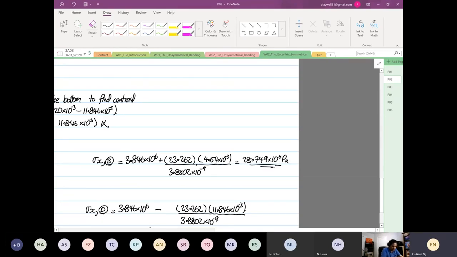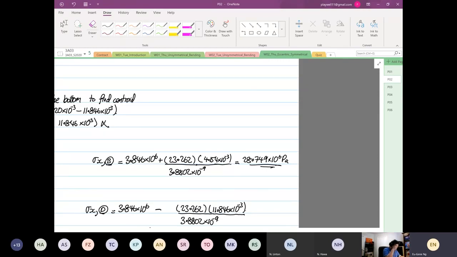Let me do it again. Why 4.154? Because we have to know the distance of point B. Plus 3.846 to the power 6. Yep, it's correct. Does that answer your question? Okay, that's clear. Thank you.